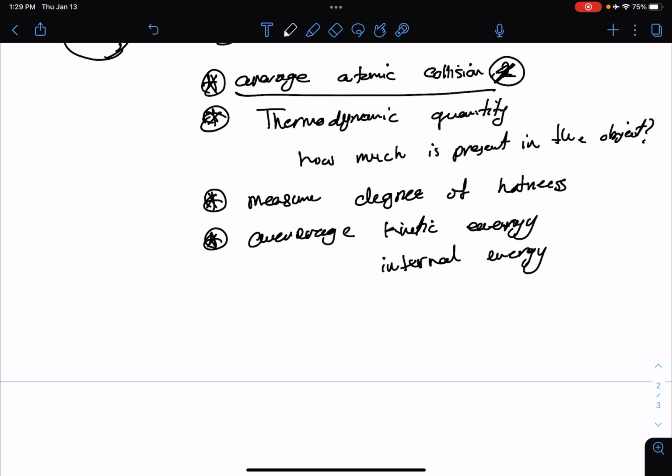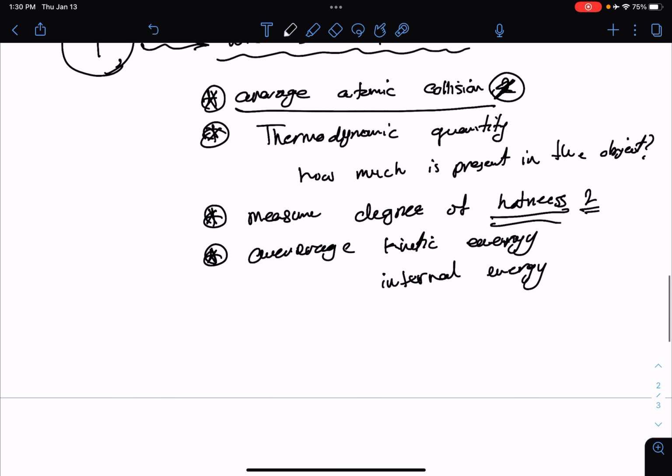I agree with the idea of the degree of hotness. Two votes for this. I was going to say how much heat is present in the objects. Okay, two votes for this. Measurement of chaos at a molecular level.